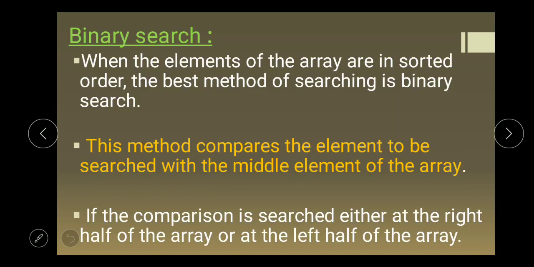Second is binary search. When the elements of the array are in sorted order, the best method of searching is binary search, because this method compares the element to be searched with the middle element of the array. So here we must have the sorted order.